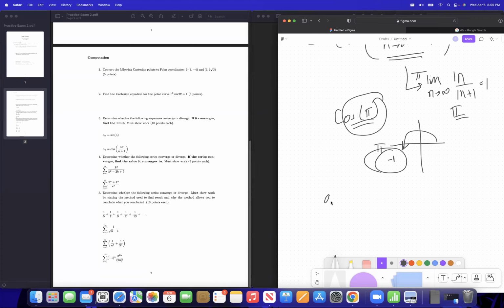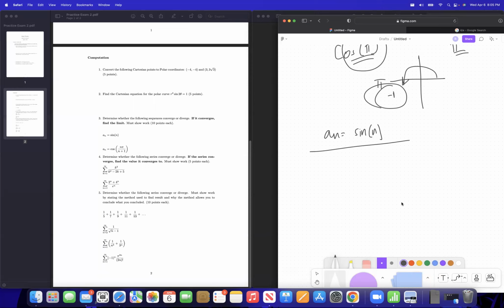For sine of n, you're given a of n equals sine of n. And the idea is the same. If you take the limit of the sequence treated as a function, your sequence will converge to that value, if it converges, that is.